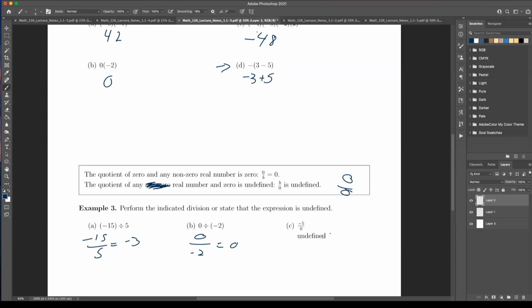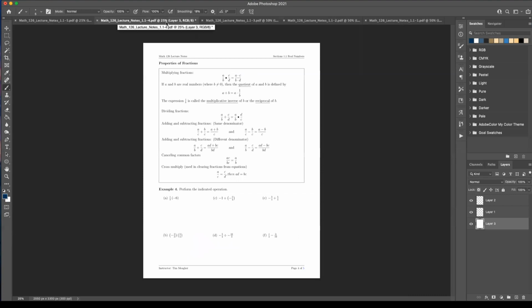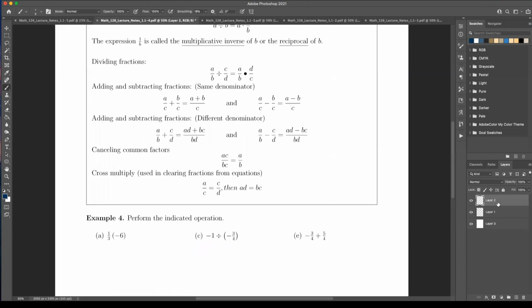But I did. I wrote all these notes for you guys. So that's undefined. So 0 over a number is 0, and anything over 0 is undefined. Now you will deal with that later and define it later, but we won't do that yet.